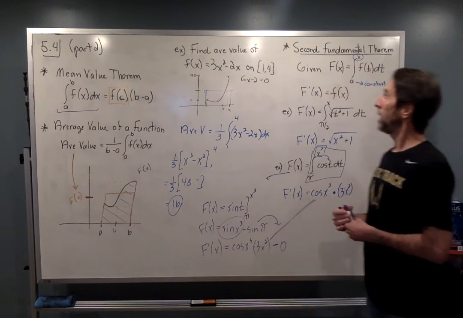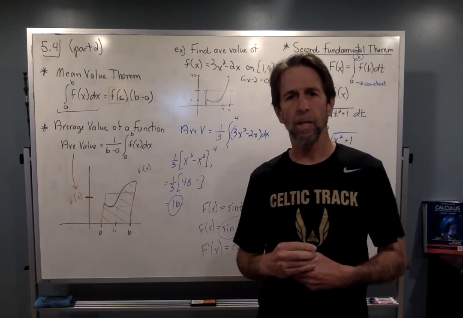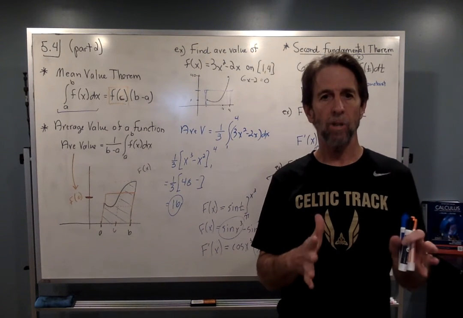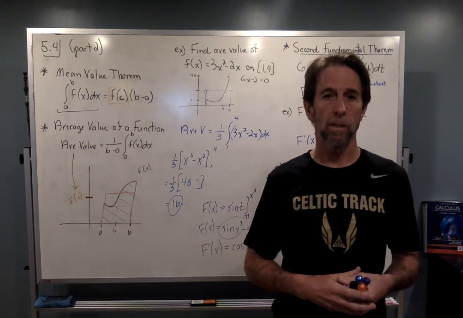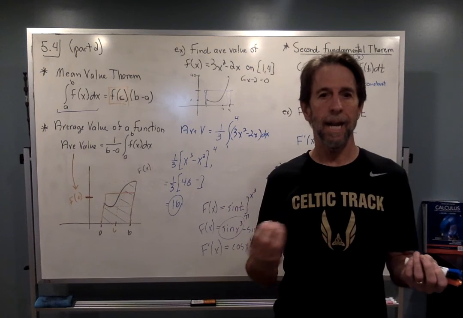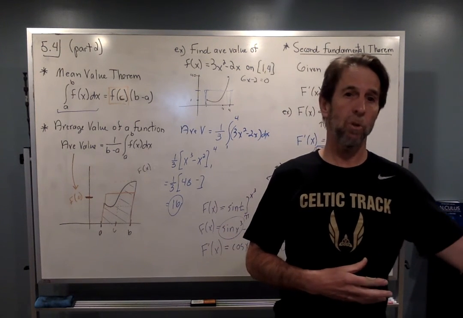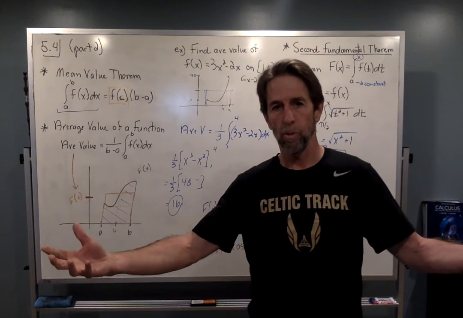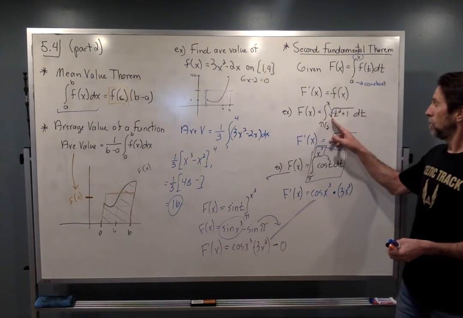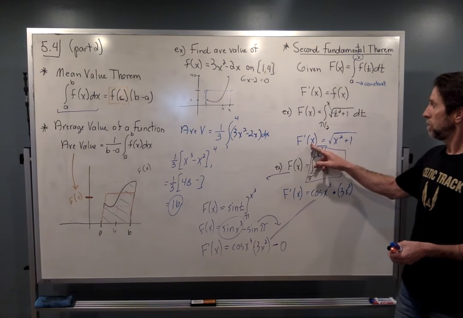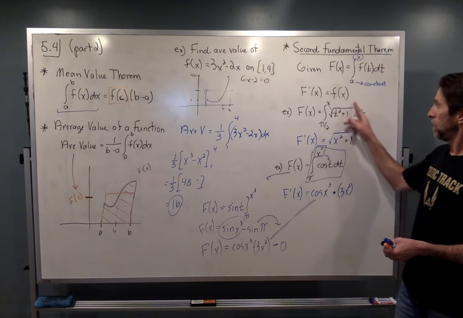And then finally we have this thing known as the second fundamental theorem. It's basically used whenever we have a function that is defined as an integral and we want to differentiate it. Well, of course, differentiating an integral, they should kind of undo each other. It'd be like taking something and squaring it, then turning around and taking the square root. You're back to the beginning. So if we have an integral and we want to differentiate it, we should just be able to go back to what the function is.